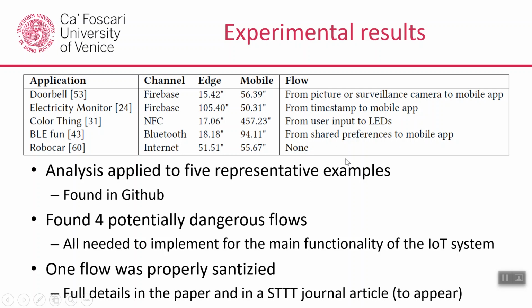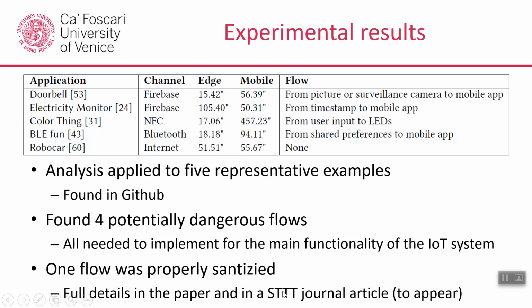For Robocar, we didn't discover any flow, and this was also intended. When we analyzed the program in detail, we realized that was correct, because essentially the robocar was not letting user input flow directly to the actuators of the IoT system, but was properly making a lot of checks over these values and sanitizing these elements in order not to have any dangerous flows.